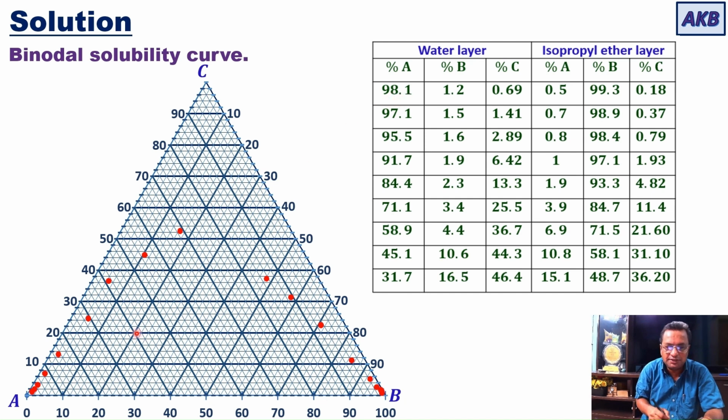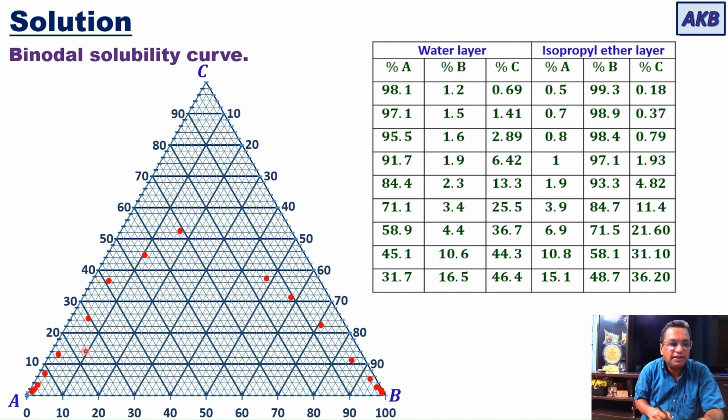The first point is 98.1 over here. The corresponding point, 99.3% of B, is represented over here. Then the second point is 97.1, and that is represented over here. The third point is 95.5, so it is represented over here.